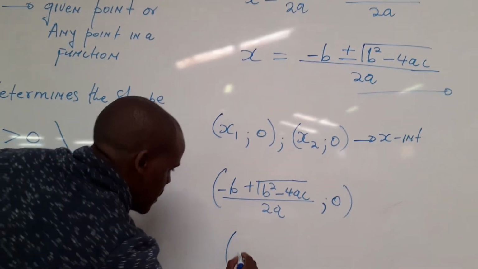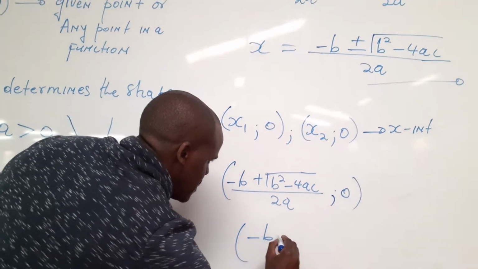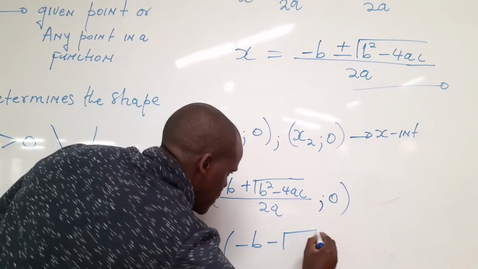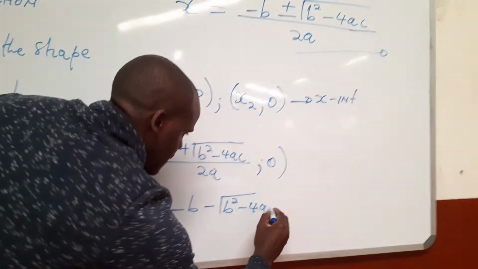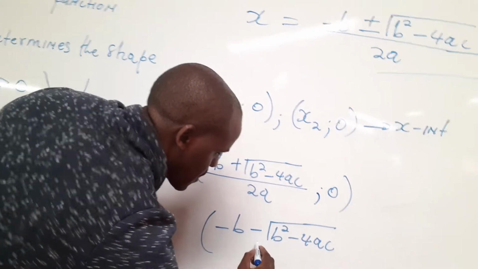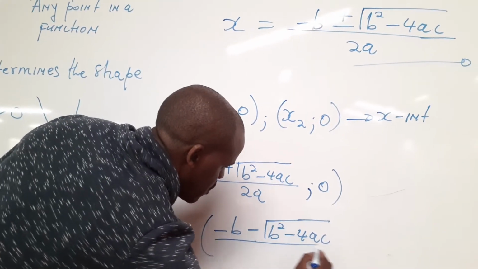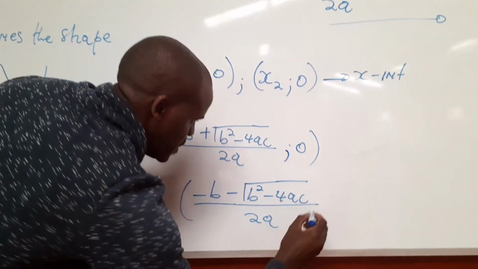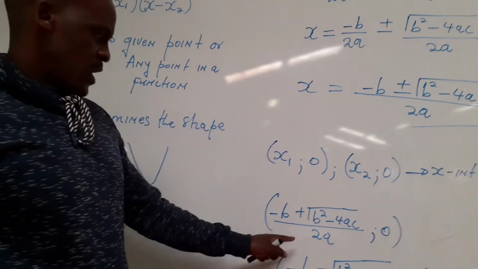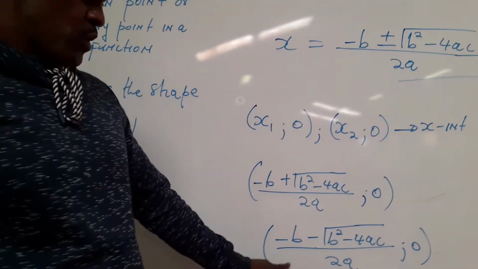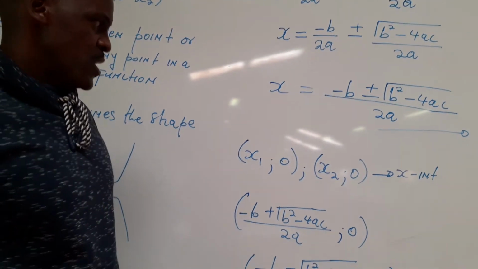Or it's minus b minus the square root of b squared minus 4ac, all over 2a, equal to 0. It's x1, x2. These are our x-intercepts.